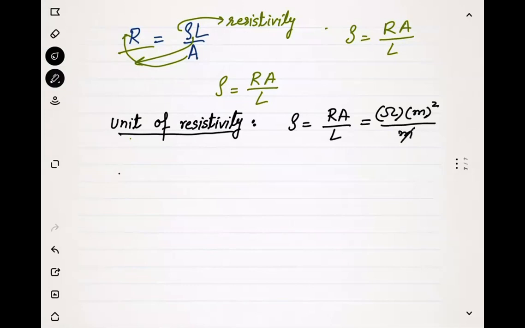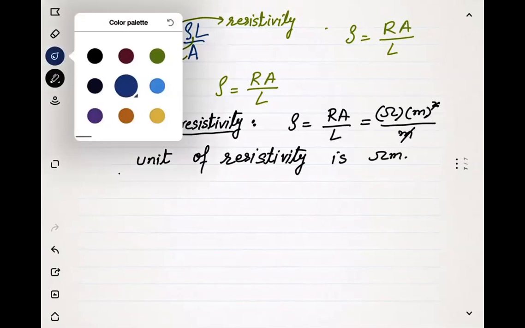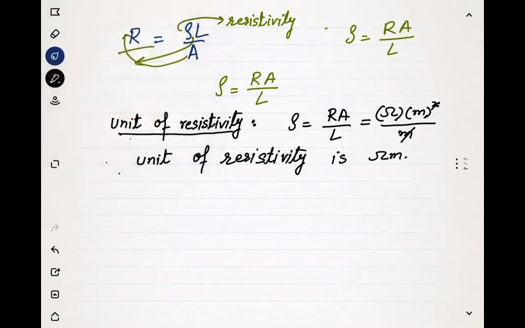So meter and meter square will cancel out and it will be ohm meter. So we'll say that the unit of resistivity is ohm meter.